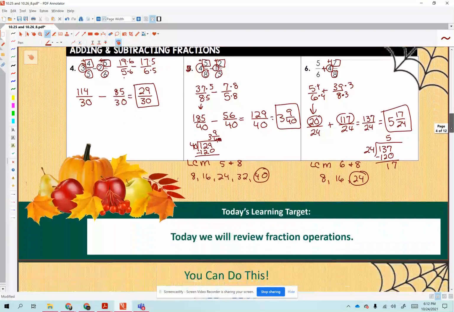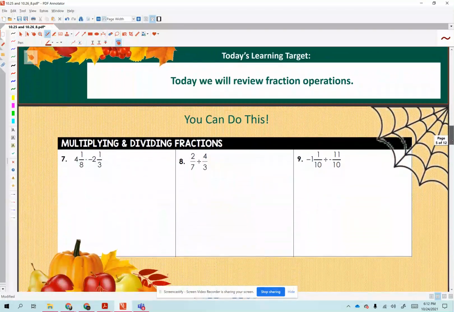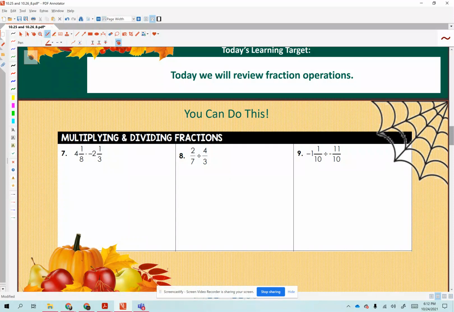So let's review some multiplication and division. At the multiplication and division, we have number 7, a multiplication problem. 4 1/8 times a negative 2 1/3. And we need to remember our multiplication and division rules.